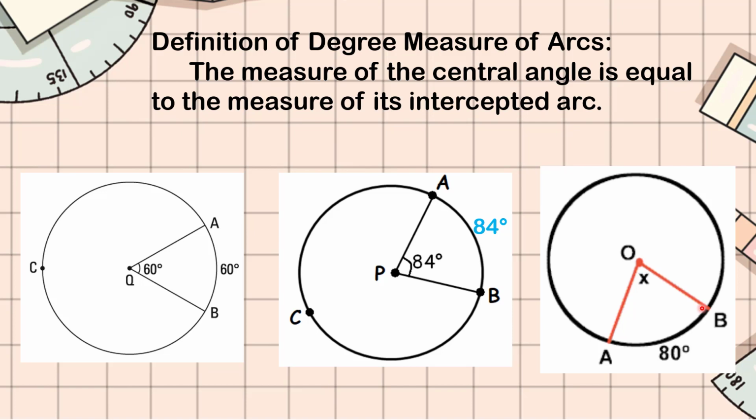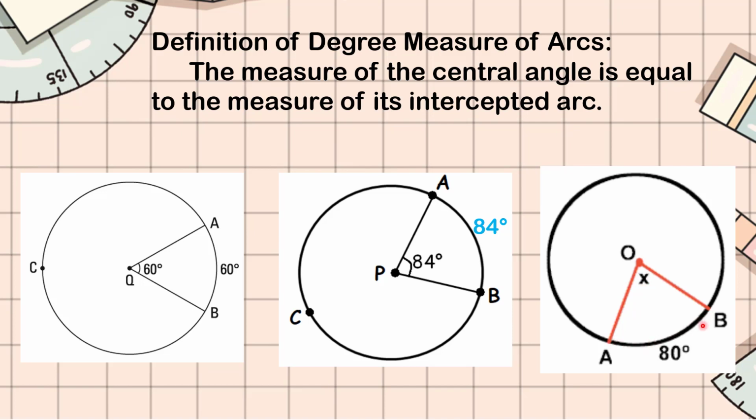Our central angle here is angle AOB. If the intercepted arc of angle AOB, or arc AB, is given as 80 degrees, what do you think is the measurement of this angle represented by letter X?